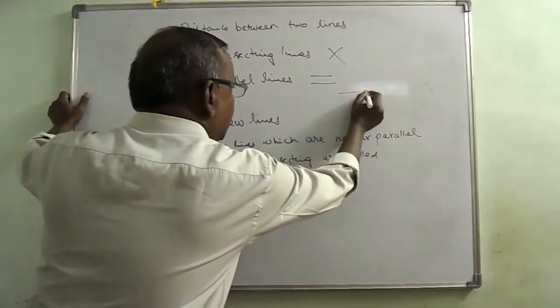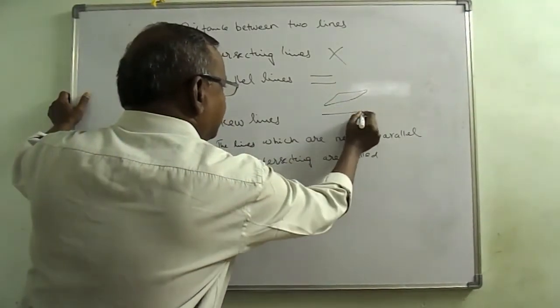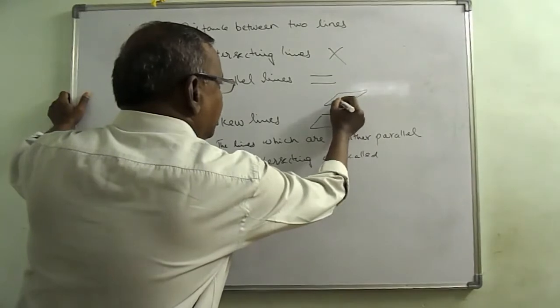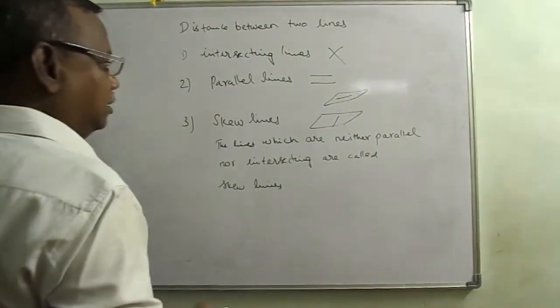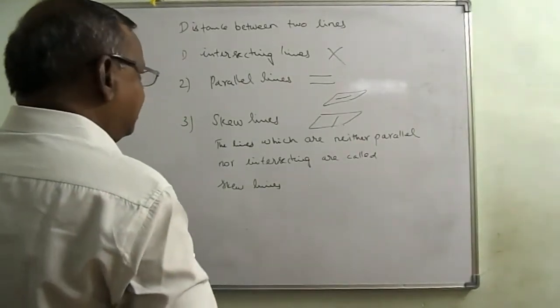That means there is a plane and we have another plane, one line like this, another line like this. So they never meet. Therefore they are not intersecting.